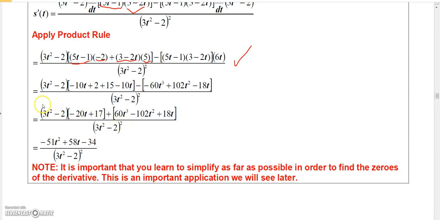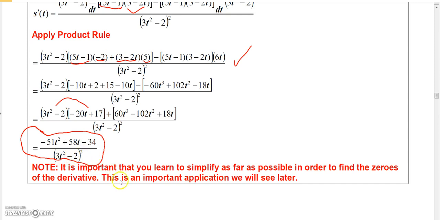And then lastly, go ahead and foil these two, and then when you foil these two and then combine them with these terms here, you should get the final answer. So you might have to do some of that work on scratch paper, but this is a calculus course, so I don't focus a whole lot on the algebra, but I did do a few steps for you. So your final answer is negative 51t squared plus 58t minus 34 all over 3t squared minus 2 quantity squared.